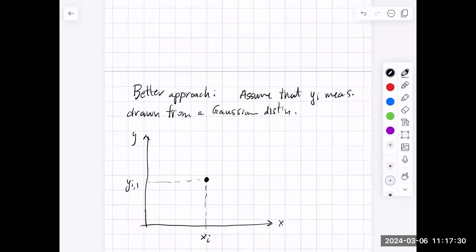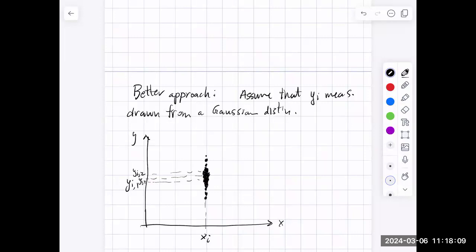Then I'm going to sit here at xi and make another measurement of yi, and I'll get a different value this time, a yi2, and then another measurement, yi3, sits over here. And we just keep doing this over and over again. If we did that, we would end up with a little cluster of points, with a high density of points in the middle and few points out at the extremes.